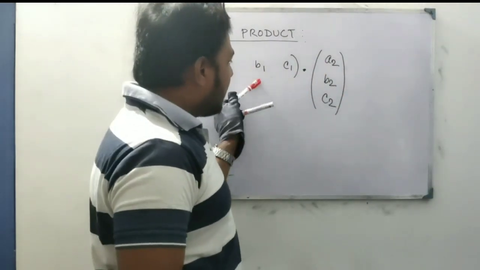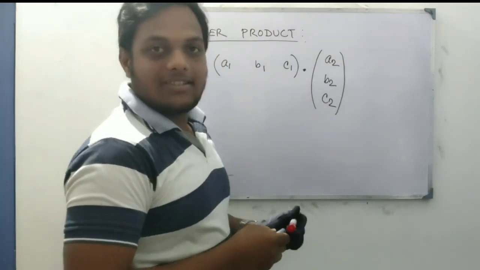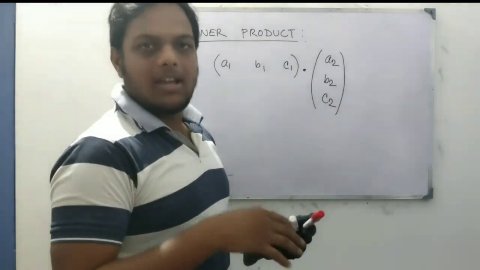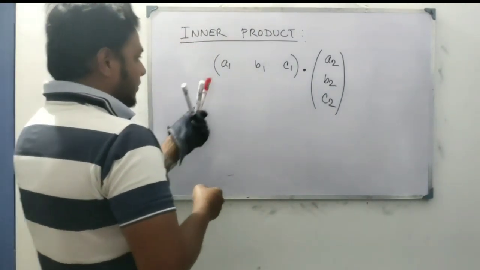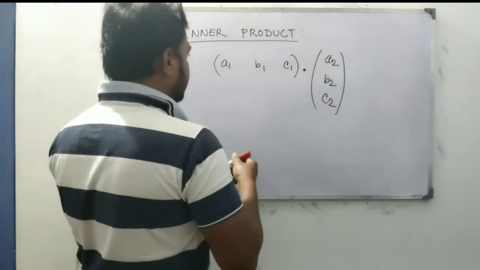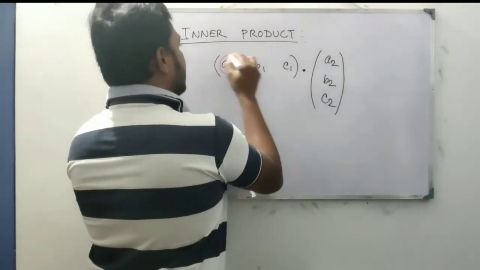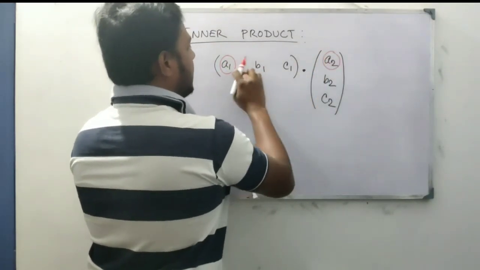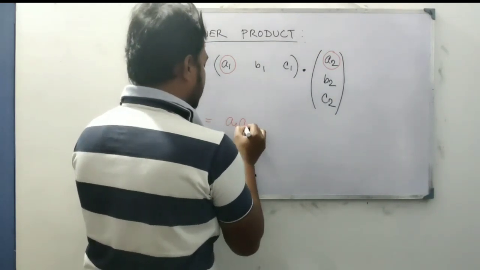So the inner product of these two matrices will give back a scalar quantity, a matrix also of order 1 cross 1. So the dot product of these two, that means the row and this column, will be the first element dot first element. That means we have to multiply first with first, then we will get A1 A2.